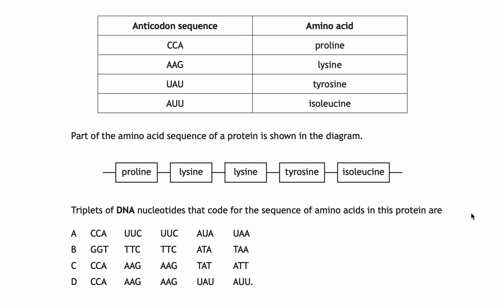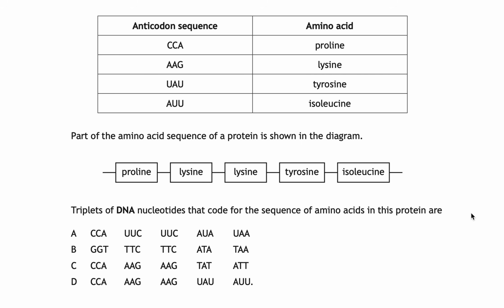Now, you should hopefully remember that what actually binds to anticodons are codons. And again, we are still dealing with RNA, so we would not be using thymine, we'd be using uracil. So the complementary codons to this anticodon sequence would be GGU, UUC, UUC, AUA, UAU. We've now worked out what these mRNA codons are going to be.